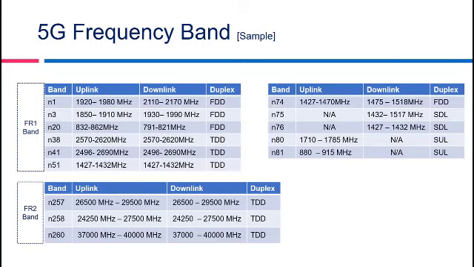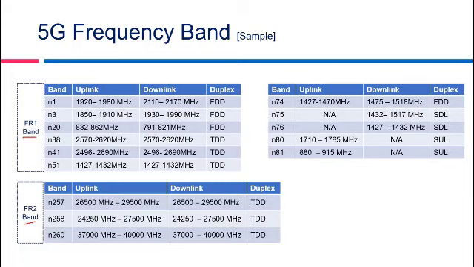In this slide, we have noted some sample bands for 5G. We can see the FR1 bands and FR2 bands. In FR1, we can see N1, N3, N20, N38, N41, N51.